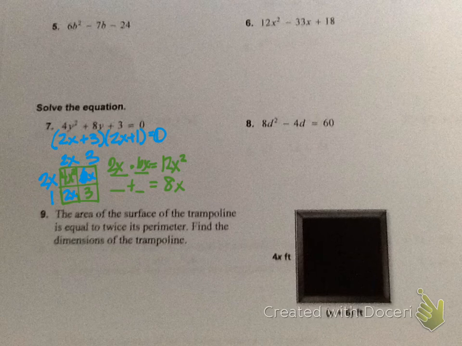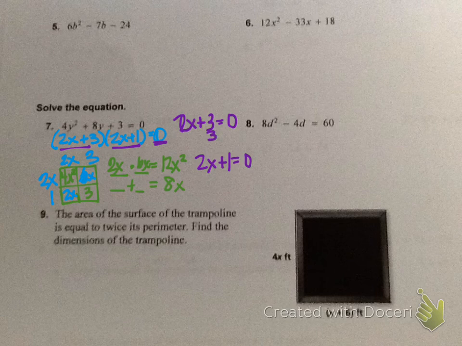And to solve the equation, I am really just looking for what's going to make each of these parentheses 0. I can do that by saying 2x plus 3 equals 0 and solving it, and 2x plus 1 equals 0 and solving it.